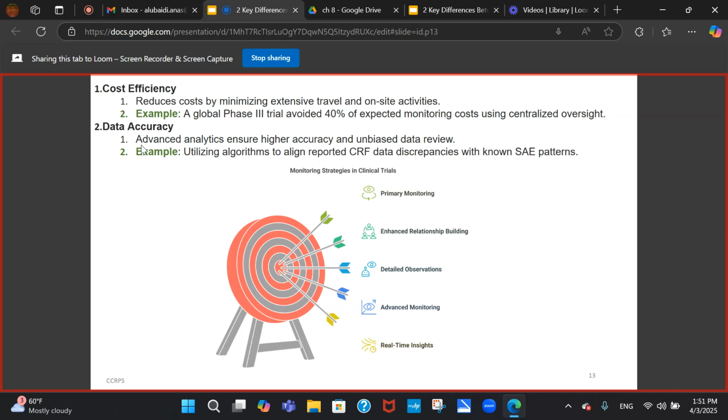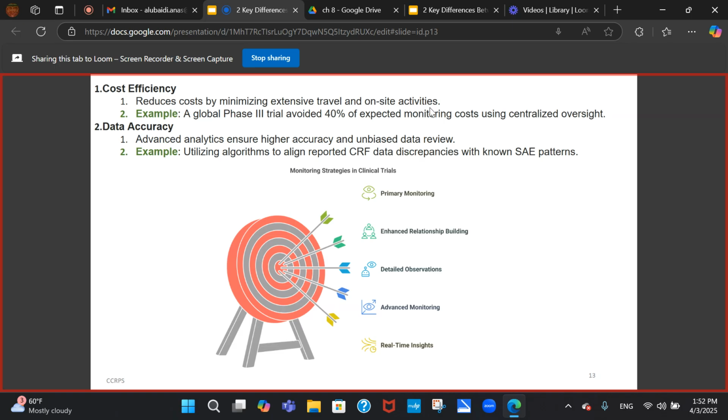Now, the cost efficiency and the data accuracy. So cost efficiency reduces costs by minimizing extensive travel and on-site activities.